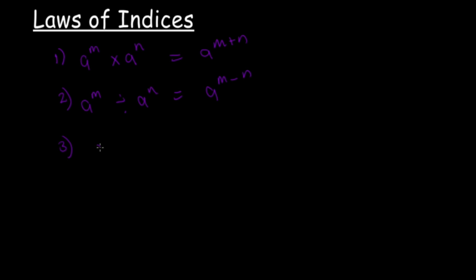Third, when we have a power raised to another power, then we multiply. The fourth is that any base raised to the 0 power is equal to 1, and the fifth one is that any term raised to 1 is equal to the term itself. So a to the first power is equal to a.